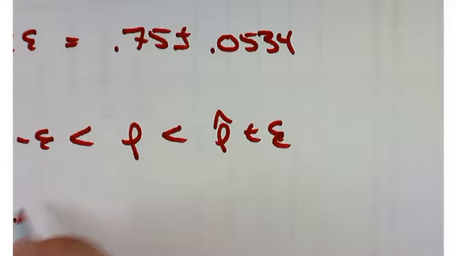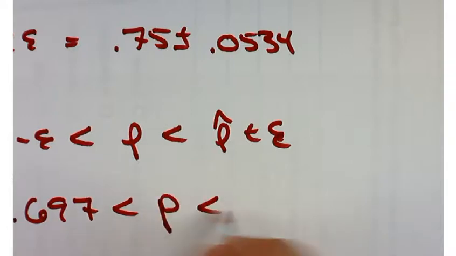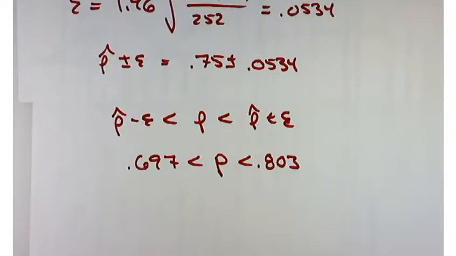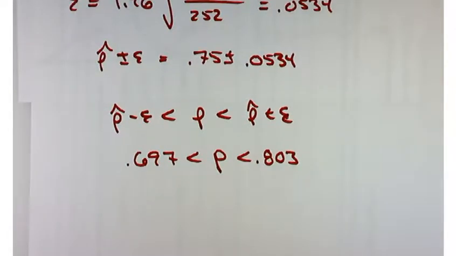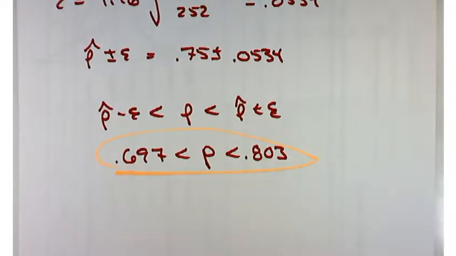So 0.697 less than p is less than 0.803. Somewhere in there. That's our confidence interval. Now, it's not terribly precise, right? I mean, you got a range of like 10 from top to bottom. But, you know, it narrows it down enough.